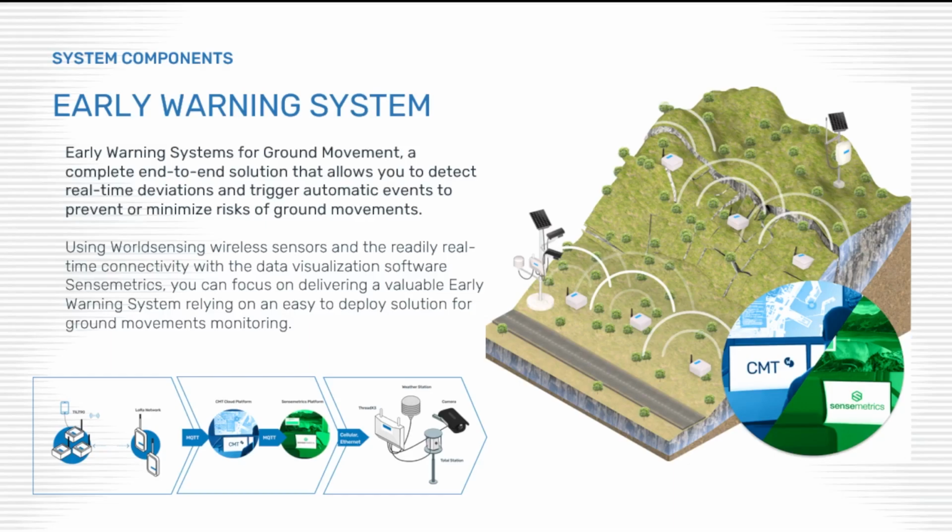So when we had in mind originally the slope stability issue, we came up with a way to incorporate the event detection tilt meter into what we call an early warning system. This gives us the ability to have the tilt meter doing its thing, set up in an event detection system, pushing that data through MQTT to your platform, and then once the data hits the platform, it can actually trigger an action.